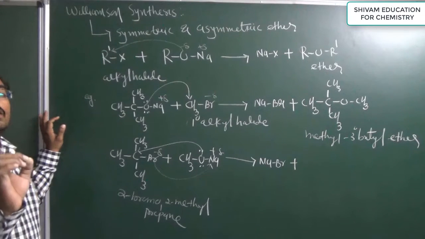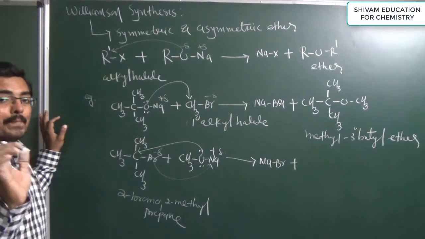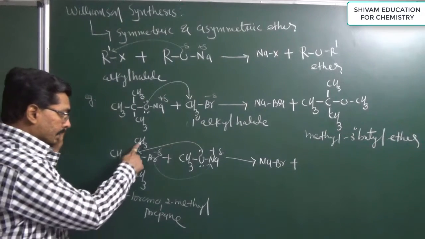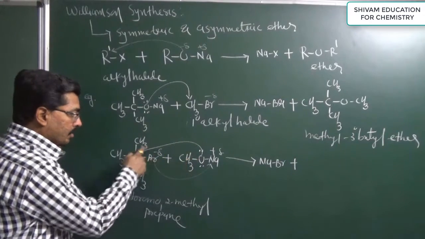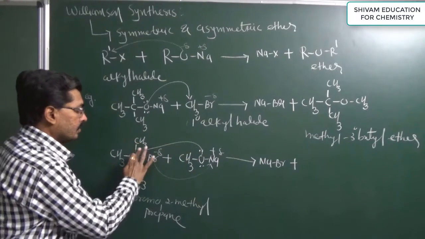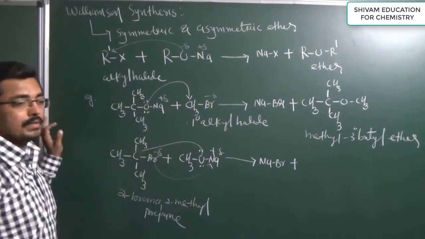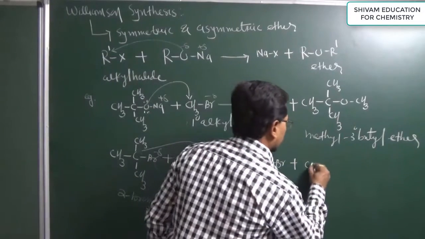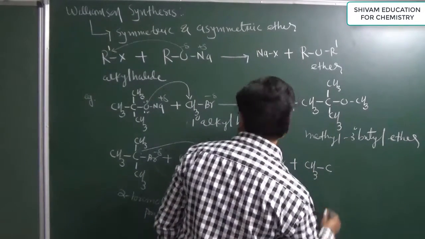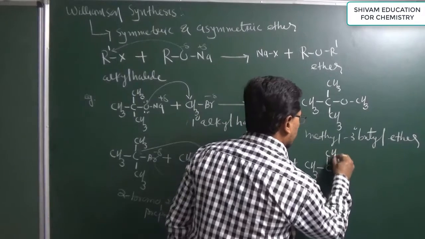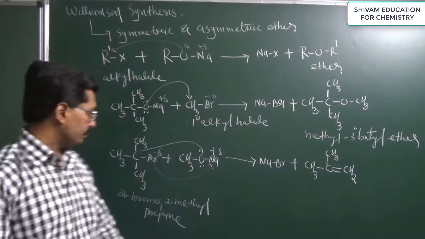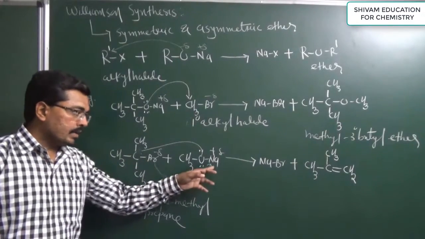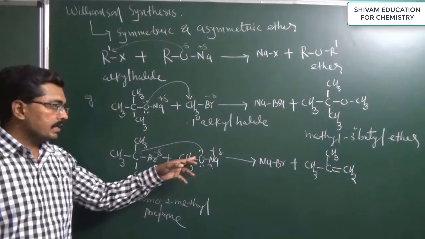Now the stability of a tertiary carbocation is maximum, so an elimination reaction occurs. This oxygen takes a hydrogen from a carbon atom, and as a result we get this product: CH3, C, another CH3, and a double bond CH2. Bromine joins with sodium and is removed as sodium bromide.